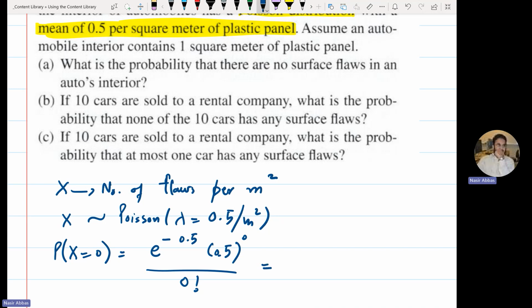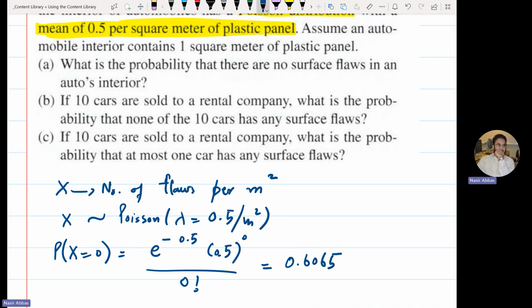Somebody tell me e to the power minus 0.5. Calculators. I have solved the question: 0.6065, right?